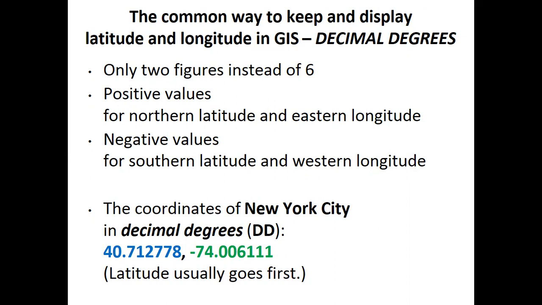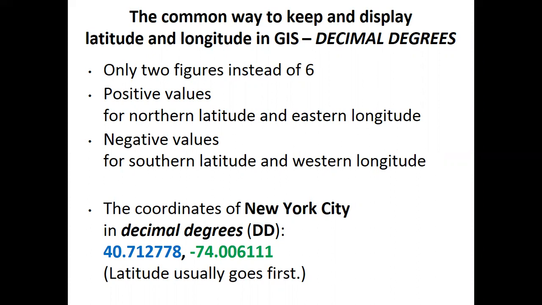This is a common way to keep and to display latitude and longitude in geographic information systems, because for computers it is usually much easier to deal with only two decimal figures, one for longitude and another for latitude. So two figures instead of 6, it is much easier to handle, at least for computers.